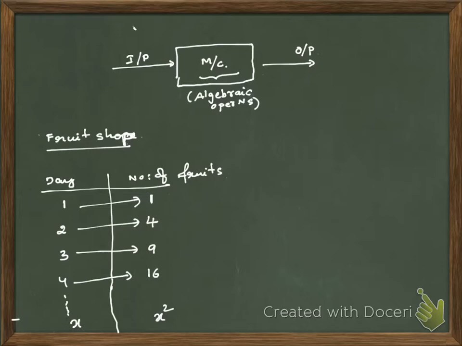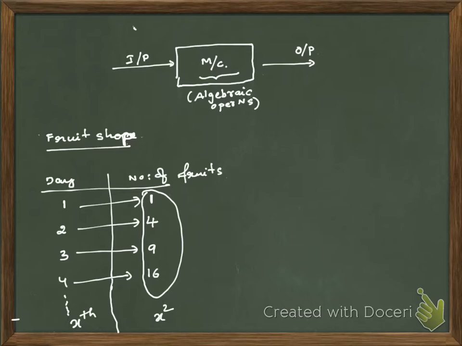Now this is an observation regarding some experiment. After doing some experiment, we make some observation. Here what I am calculating is the number of fruits. Observing certain values, on some xth day or nth day, I have calculated it to be x square.